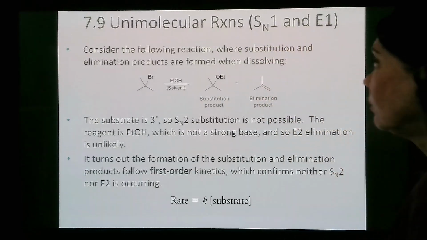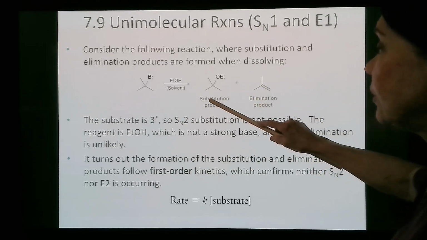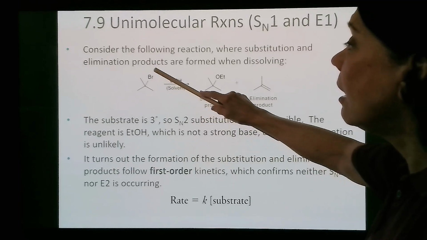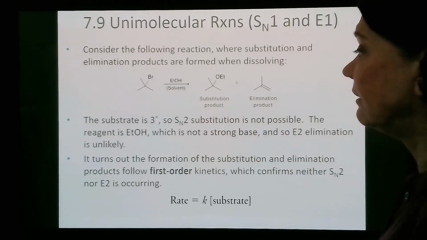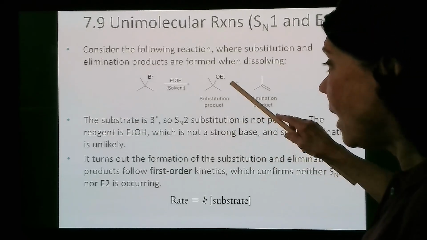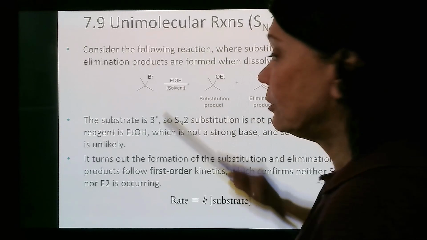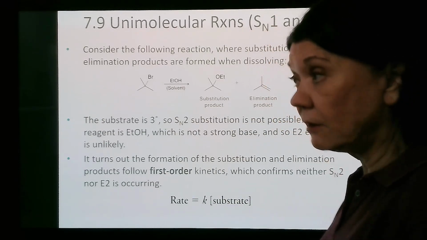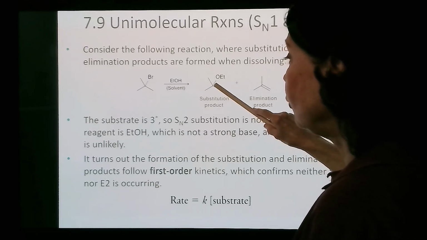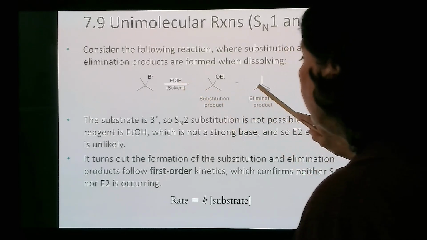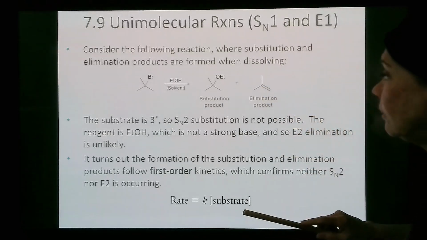So, unimolecular reactions. Consider the following reaction. Here we have substitution and elimination of t-butyl bromide in ethanol solvent. Ethanol is going to be the nucleophile in this substitution reaction, and ethanol is also going to serve as the base in the elimination reaction.